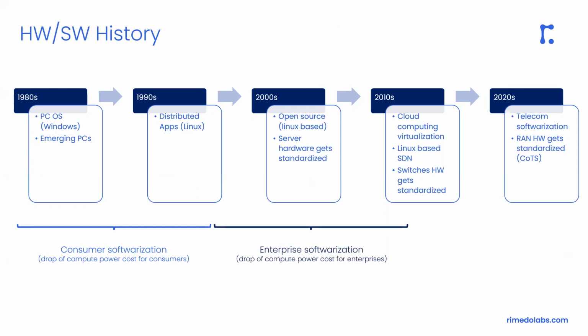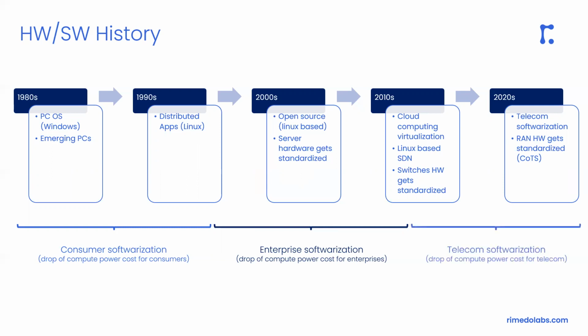Then we had the drop in compute power costs for enterprises in the 2000s and 2010s, moving also for enterprises to virtualization, with Linux-based open source solutions, with cloud computing, with switches, and also the fixed networks getting softwareized, those switches and routers getting standardized, and also software-defined networking in the enterprise market and in the fixed networks.